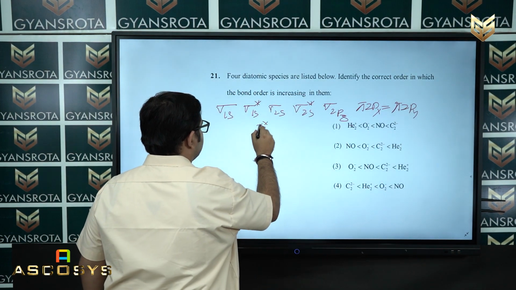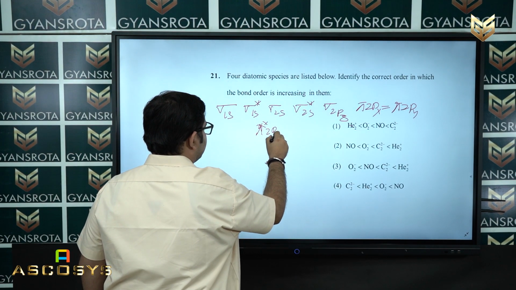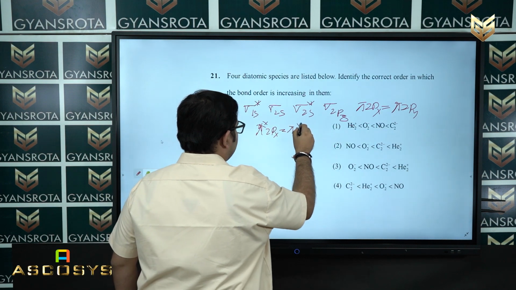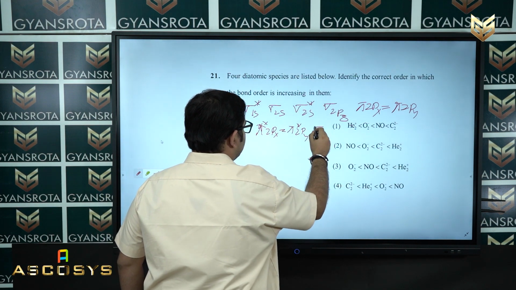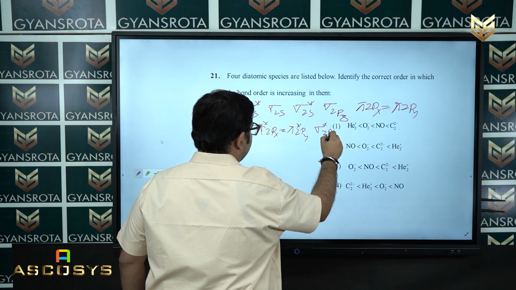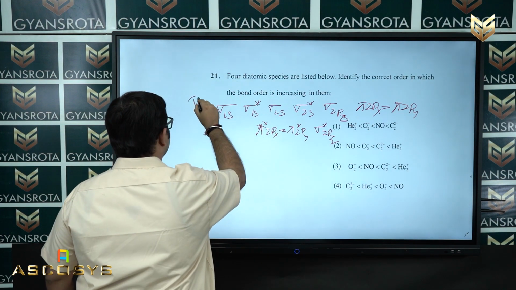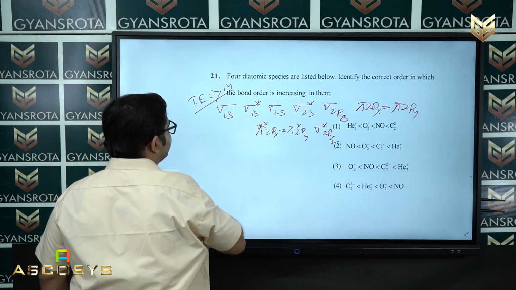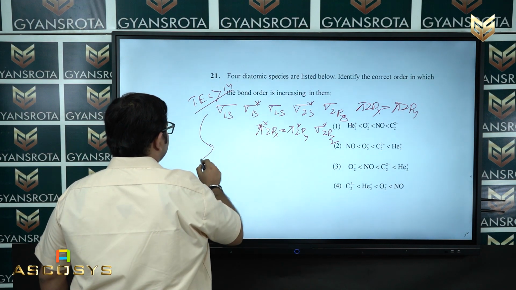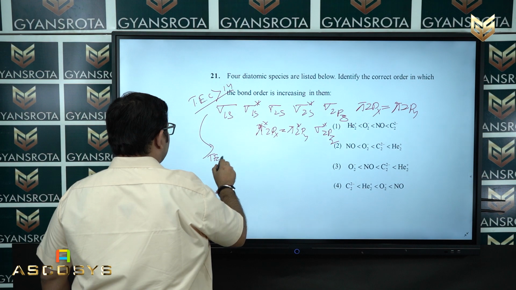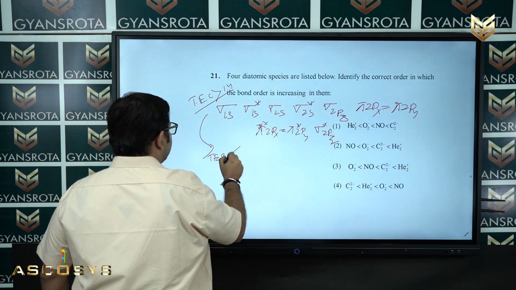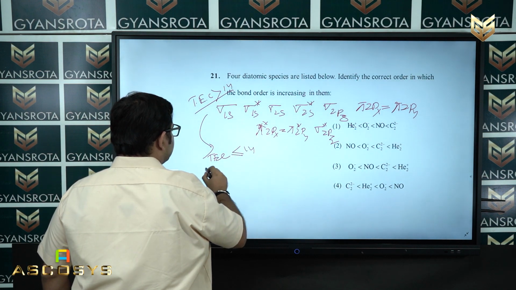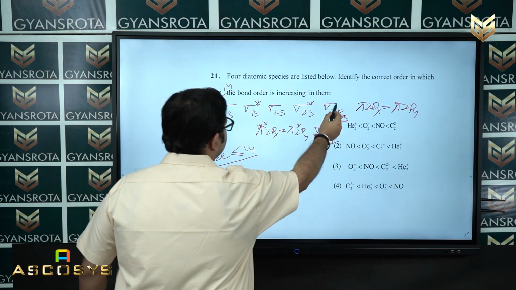pi star 2px equal to pi star 2py, sigma star 2pz. When your total electron count is greater than 14, we can follow this order. Now, if the total electron count is less than or equal to 14, we just reverse this part.